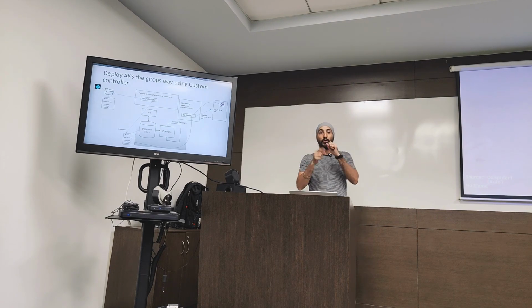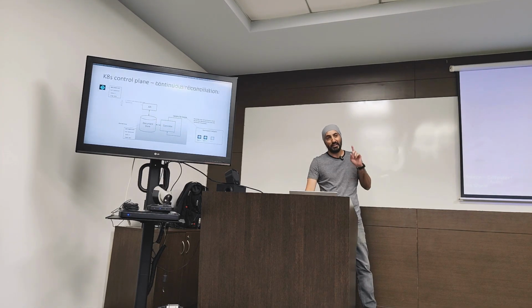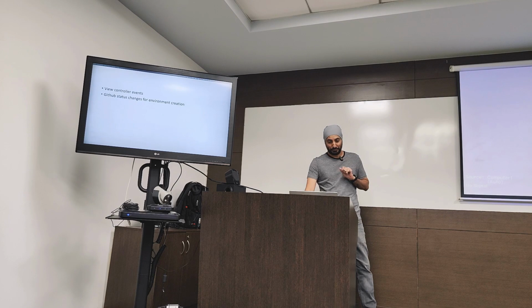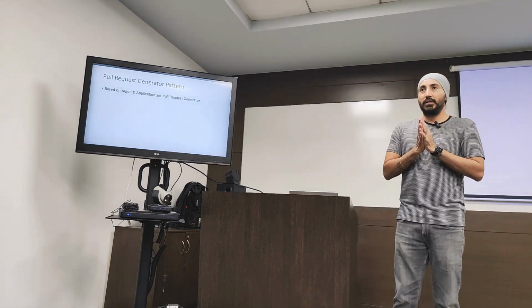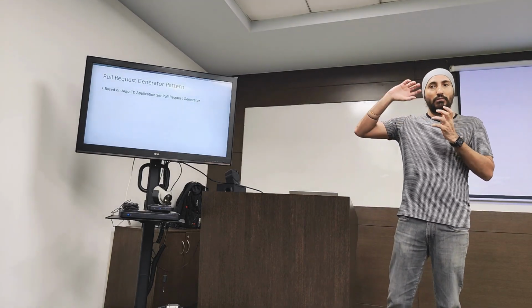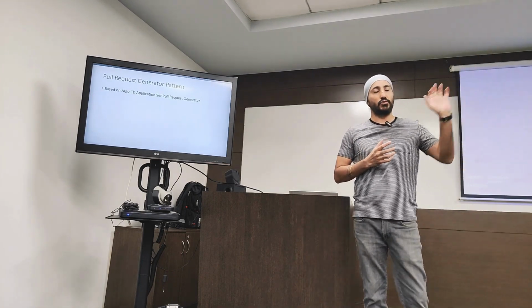So now, coming back to ephemeral environments, we want to create these ephemeral environments in a GitOps way. What does that mean? That when you create a PR against the repository, there's one application repository where your application source code exists.